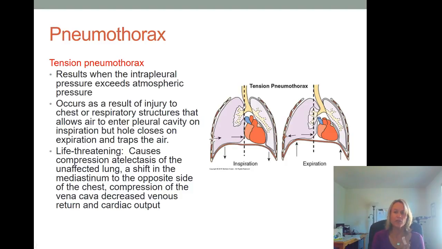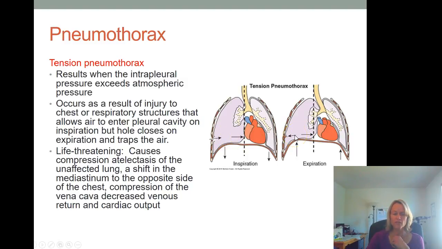Okay, tension pneumothorax. This results when the interpleural pressure ends up exceeding the atmospheric pressure. And this occurs as a result of injury to the chest or respiratory structures that is going to allow air to enter the pleural cavity on inspiration, but it gets trapped. There's a flap that closes, and then on expiration it gets trapped. So air keeps coming in on inspiration, but on expiration it doesn't get out.